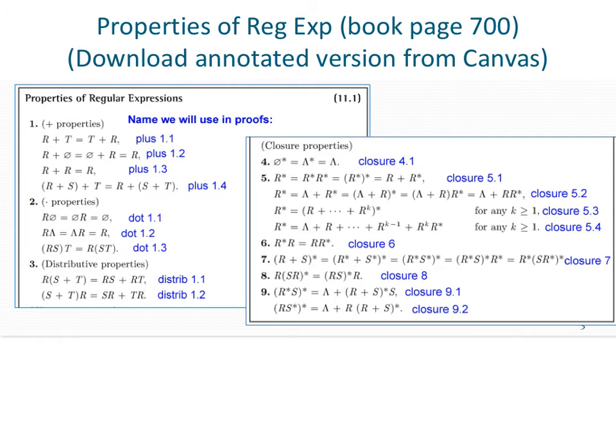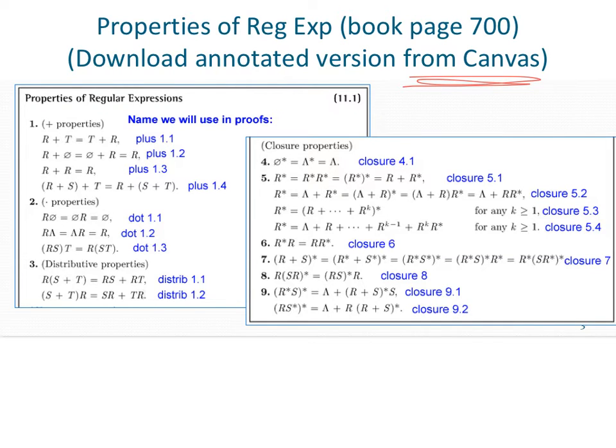Now, in your textbook on page 700, you will find a big long list of the properties of regular expressions. I have created an annotated version of the material on page 700, and I have uploaded it to Canvas, so you can download it under this week's materials.